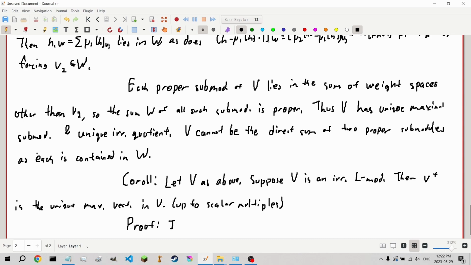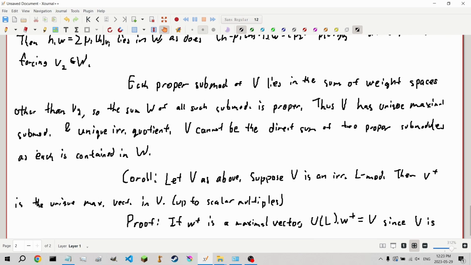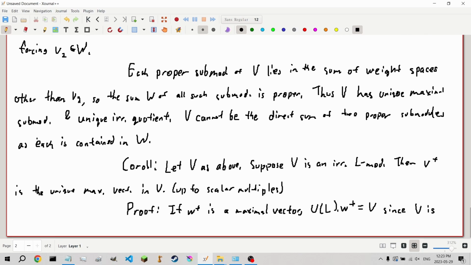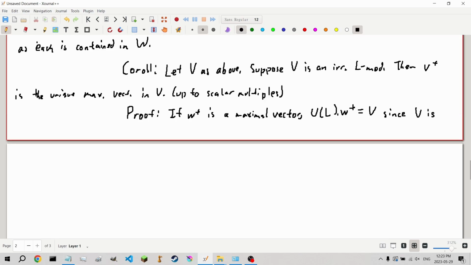If W plus is a maximal vector, the universal enveloping algebra of L on W plus is going to be V, since our V is irreducible.